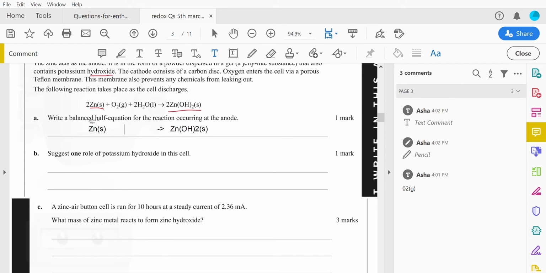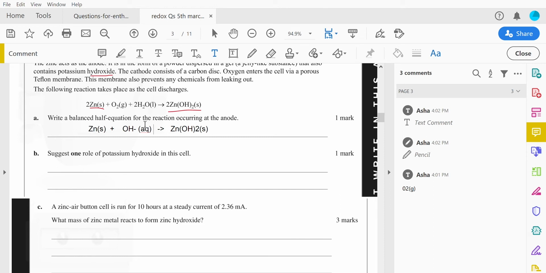Now, we've got zinc here, we've got zinc here, but where's my hydroxide coming from? Well, it's just coming from my potassium hydroxide. So, I've got my zinc plus my hydroxide ions, which are aqueous.